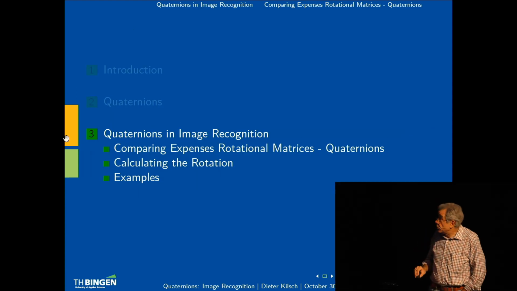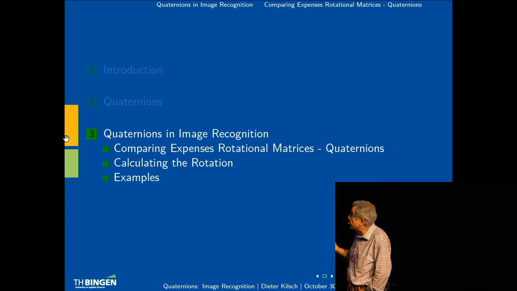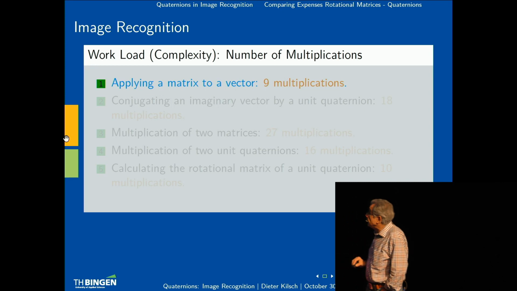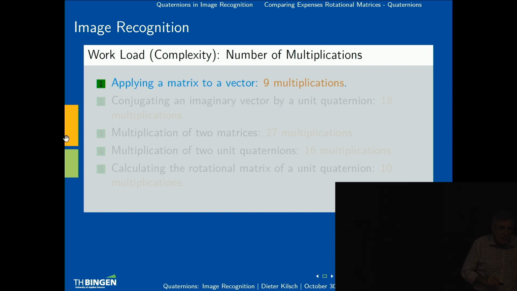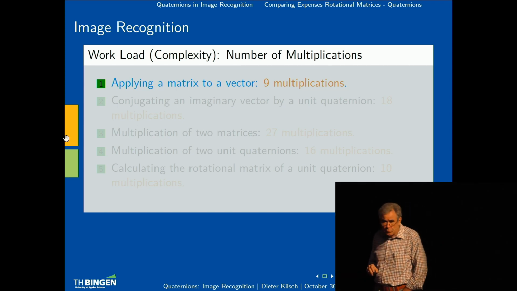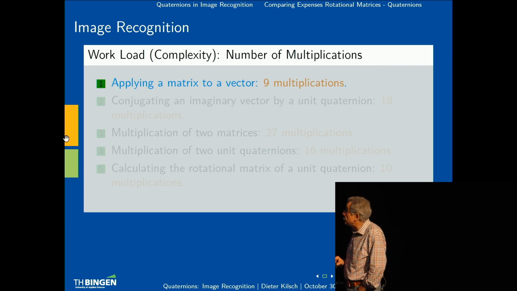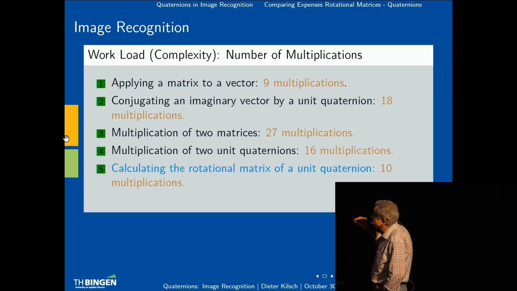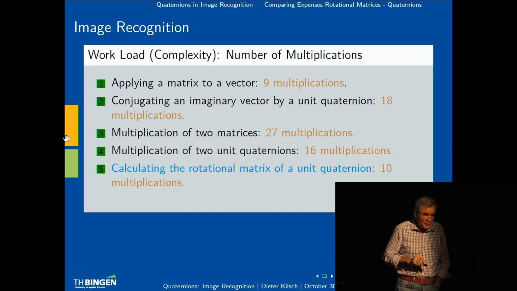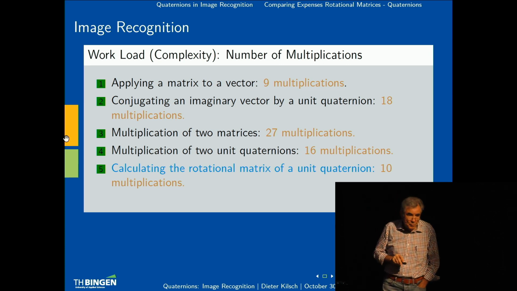Now I'm going to image recognition, and well, I don't mention gaming, but it's in the same area where they are really important. The first thing I checked is, why are they so important? Is it really cheaper to multiply Hamiltonians with each other than to multiply matrices with a vector and so on? And the real important thing is that if you multiply 2 matrices with each other, you get 27 multiplications. If you multiply 2 unit quaternions, you only get 16 multiplications.